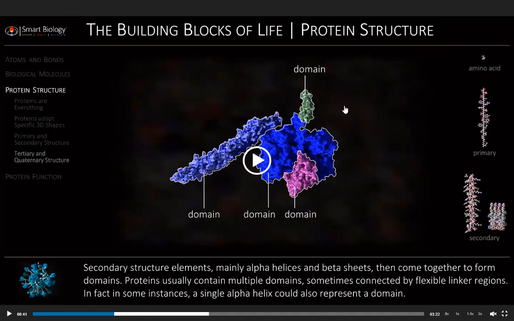They are more disordered. And in some instances, a single alpha helix could also represent a domain. For example, if you have a transmembrane protein, then it can have a helical structure, an alpha helix, as the membrane binding domain. Remember, the outer amino acids of the helix will have the hydrophobic amino acids.